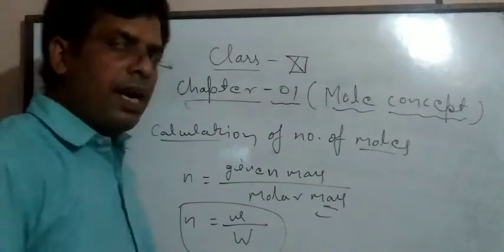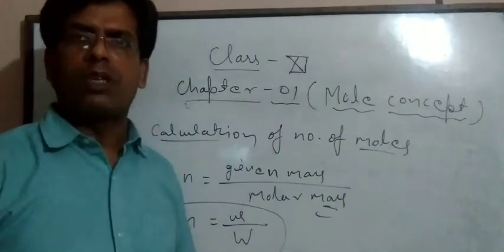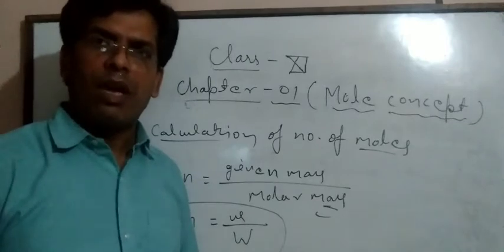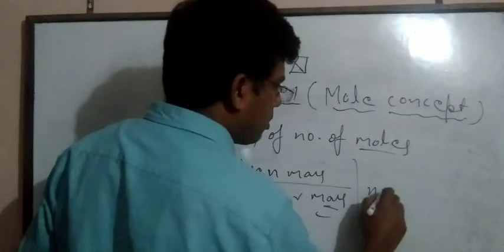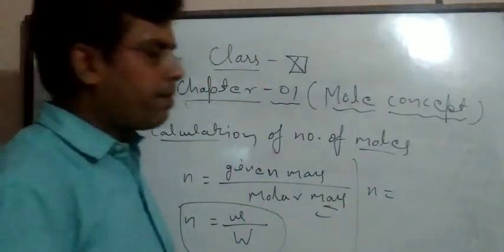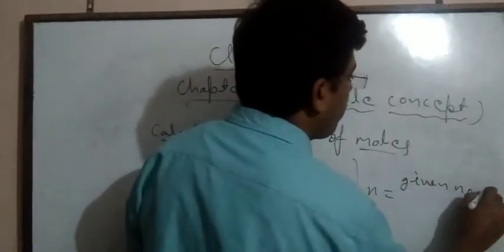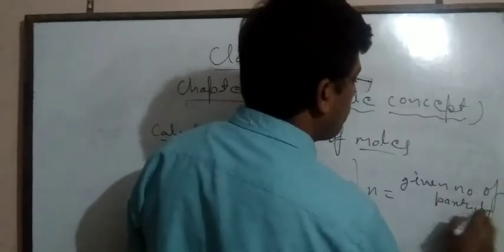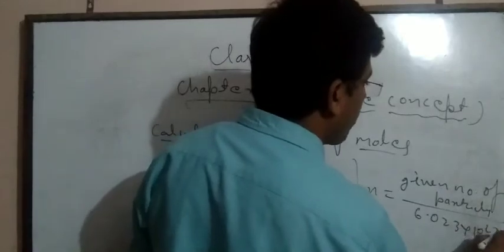And if the number of particles is given, such as the number of atoms, molecules, ions or electrons, then how can we calculate the number of moles? The number of moles is equal to the given number of particles upon the Avogadro number, that is 6.023 into 10 to the power 23.